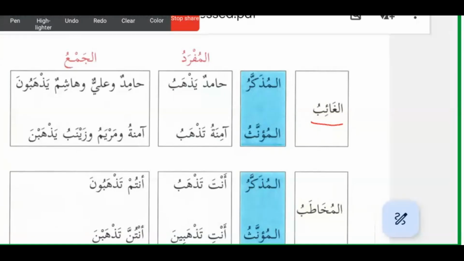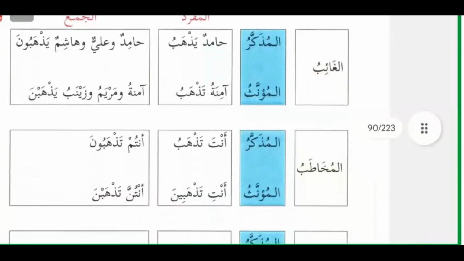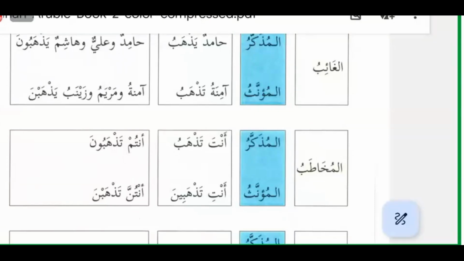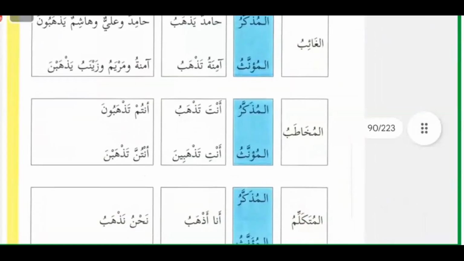Then similarly, just below that is al-mukhatab. Mukhatab is the addressee, the one to whom we are talking. Then after that we have al-mutakallim.